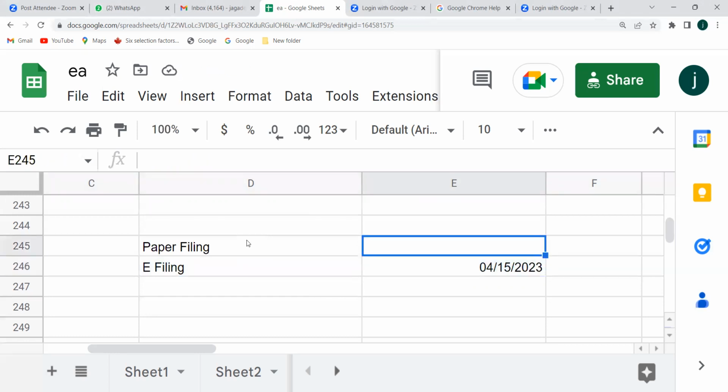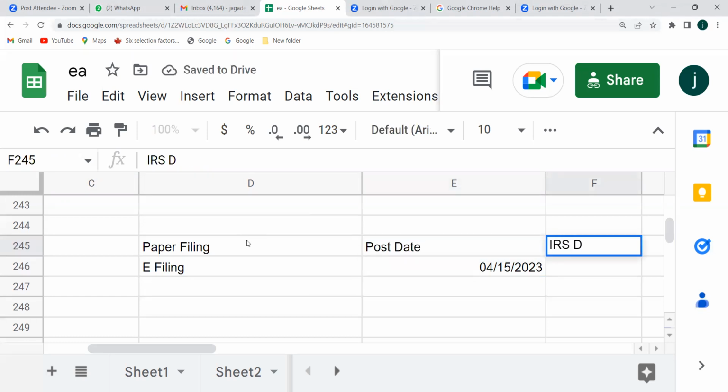If you are going with paper filing, there are two aspects. One is the post date, the mailing or posting of the documents physically to the IRS. The other is the IRS received date.